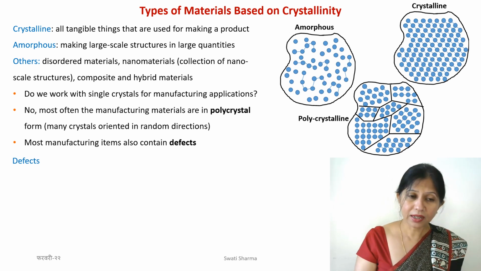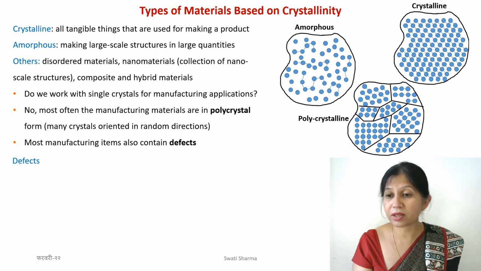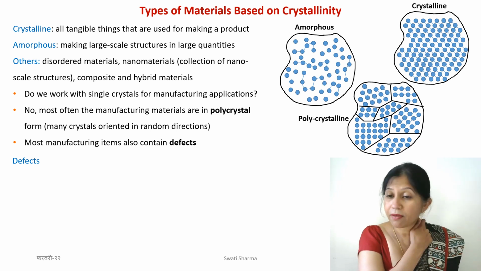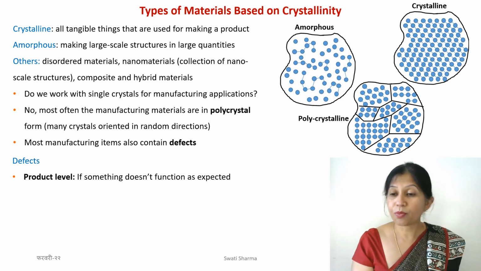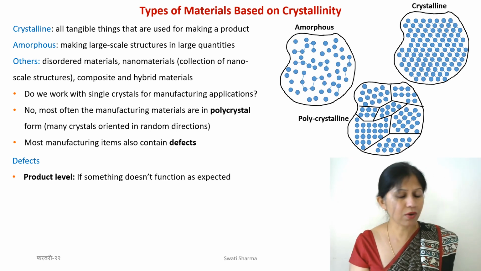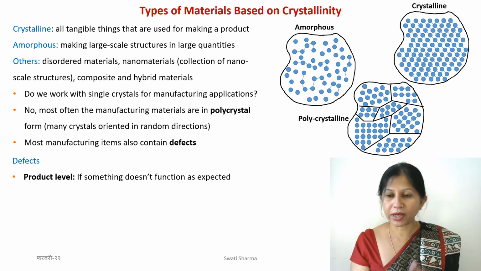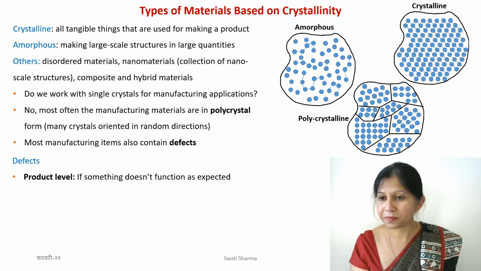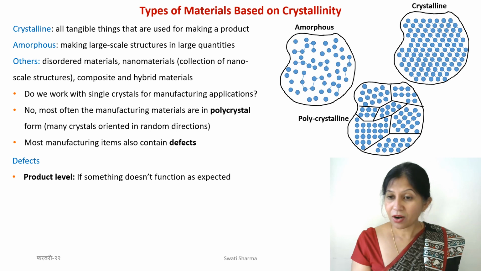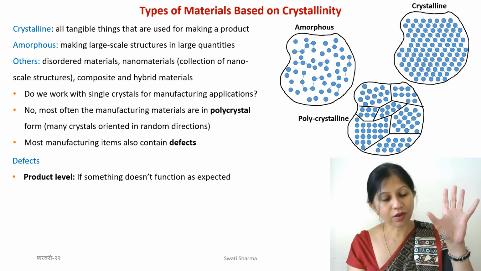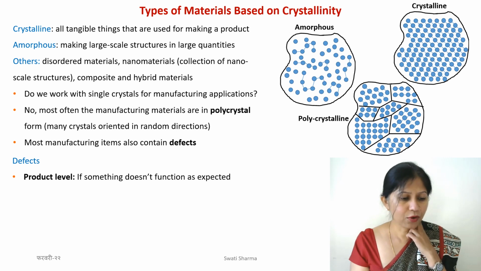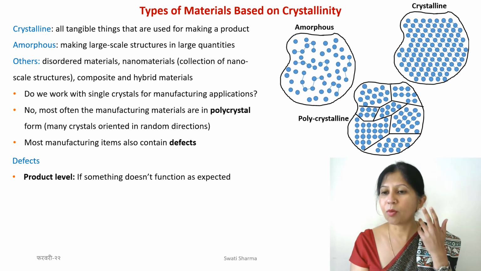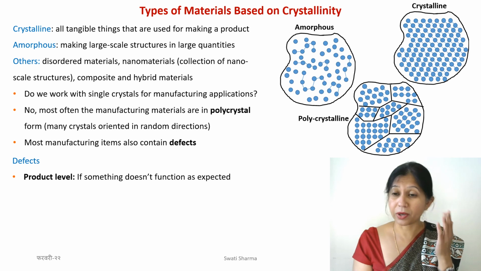So now let me define quickly what this term defects means. You have learned defects in your semiconductor physics. The defects that you probably learned about are atomic-level defects, so point defects, for example. Those are defects, but they are not at product level. When we talk about defects, there are different levels. For example, if you buy a mobile phone and that phone does not work, what do you say?